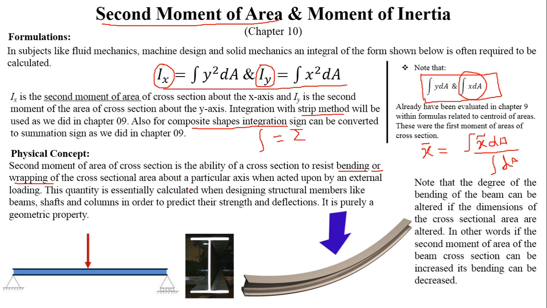The higher the second moment of area, the higher the resistance offered to bending.